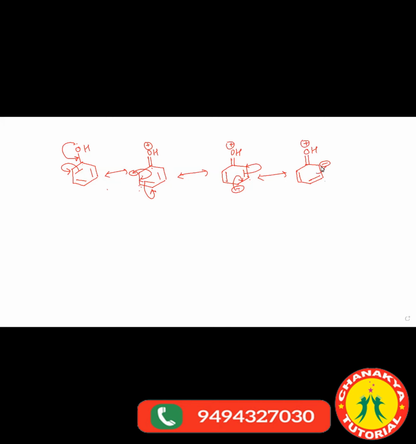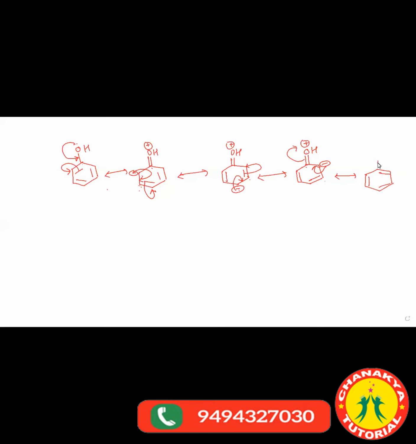This negative charge would be utilized to form a double bond between your sixth carbon and the first carbon, right? And this double bond between oxygen and carbon would again go and neutralize the positive charge on the OH group. That is nothing but in this way. Okay. So the newly formed double bond, and it becomes OH.